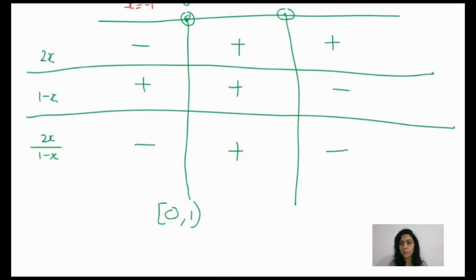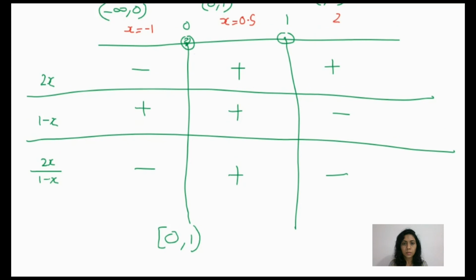It means this is included, but this is excluded. Okay. Your answer can be 0 to 1, or here 0 included and 1 not included. So the solution set is the interval from 0 to 1, where 0 is included but 1 is not included.